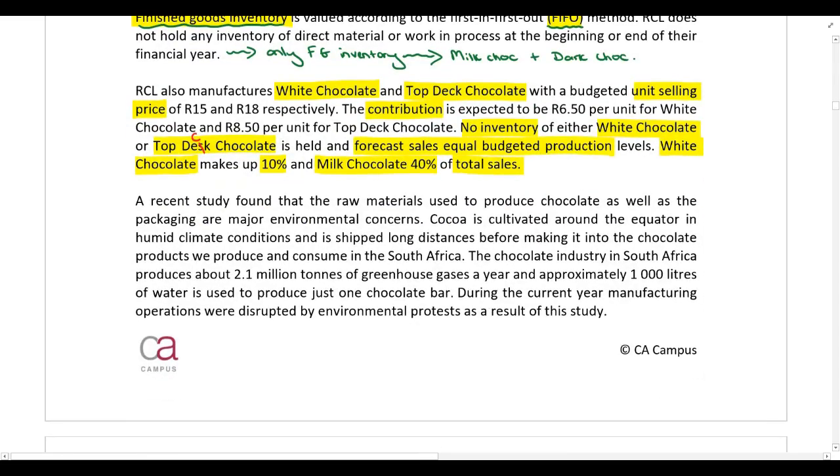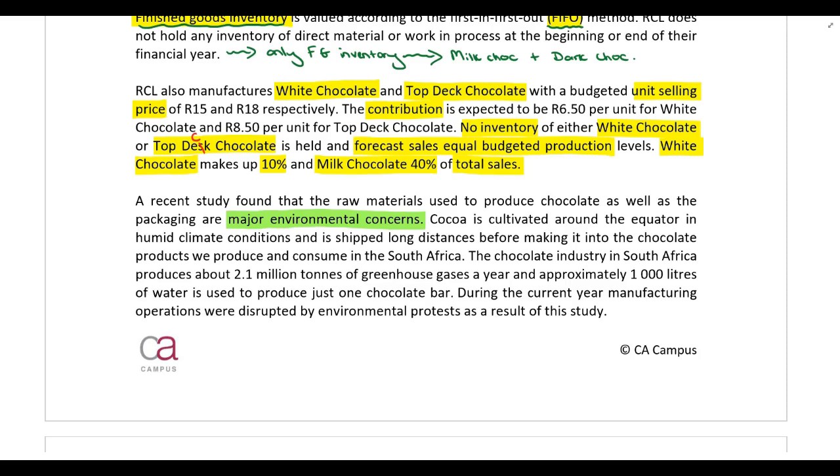A recent study found that the raw materials used to produce chocolate, as well as the packaging, are major environmental concerns. Cocoa is cultivated around the equator in humid climate conditions and is shipped long distances before making it into the chocolate products we produce and consume in South Africa.